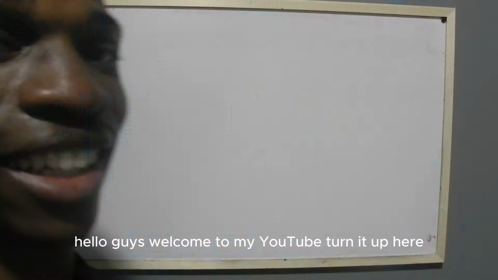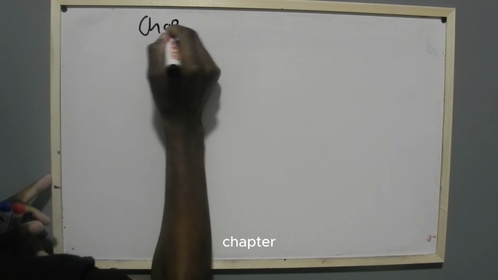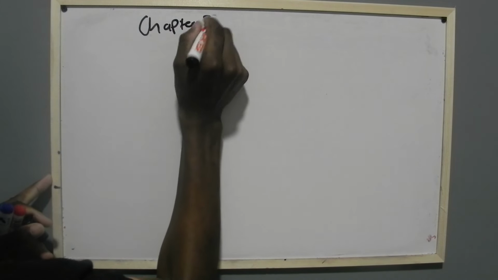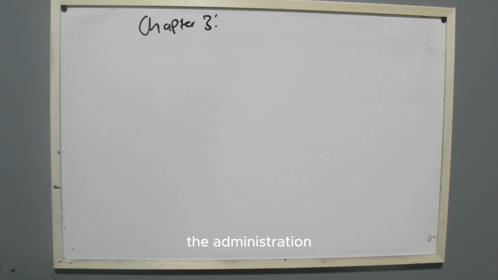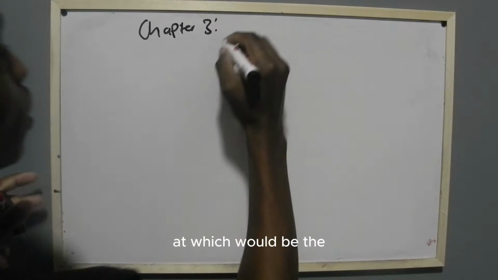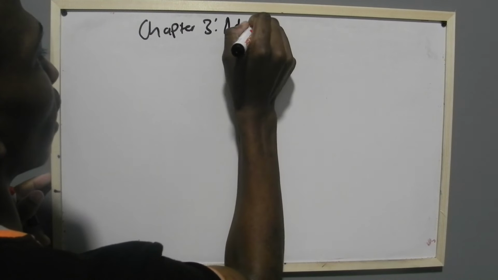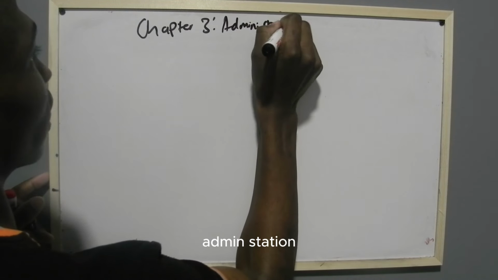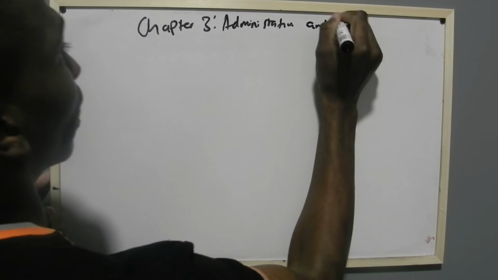So today we're going to look at chapter 3, which is the administration and technological support in training and development.